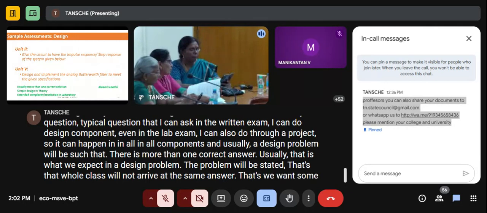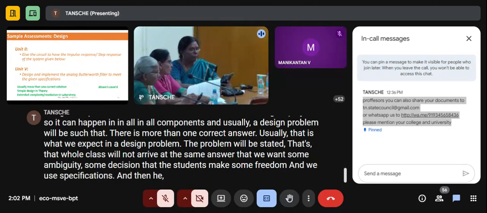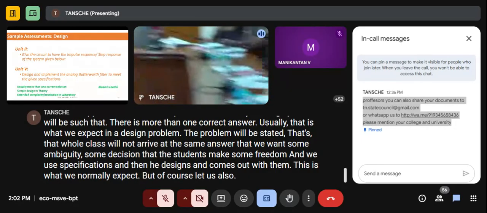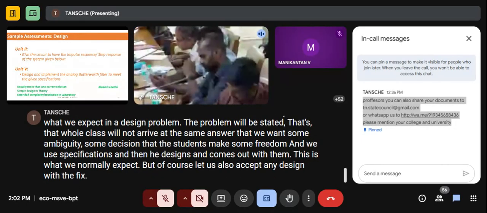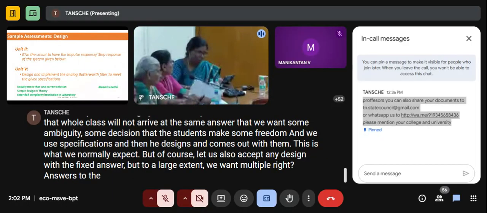We want some ambiguity, some decision that the students make, some freedom, and we give specifications, and then the student designs and comes out with a solution. This is what we normally expect. But of course, let us also accept any design with a fixed answer. But to a large extent, we want multiple right answers to the same question.